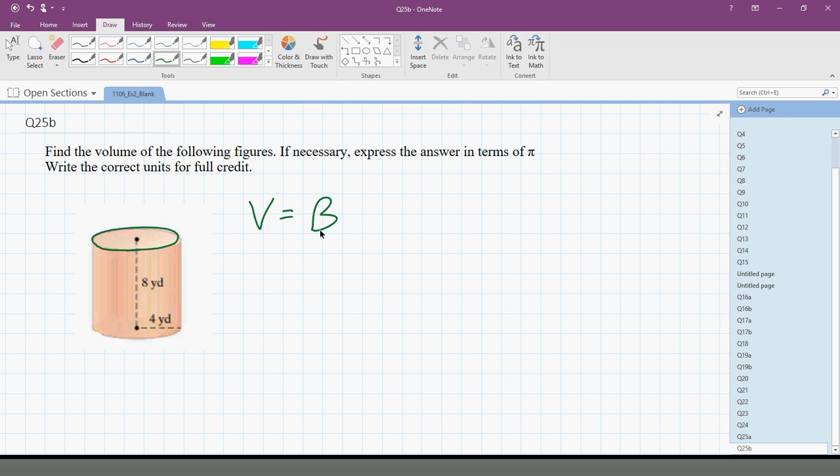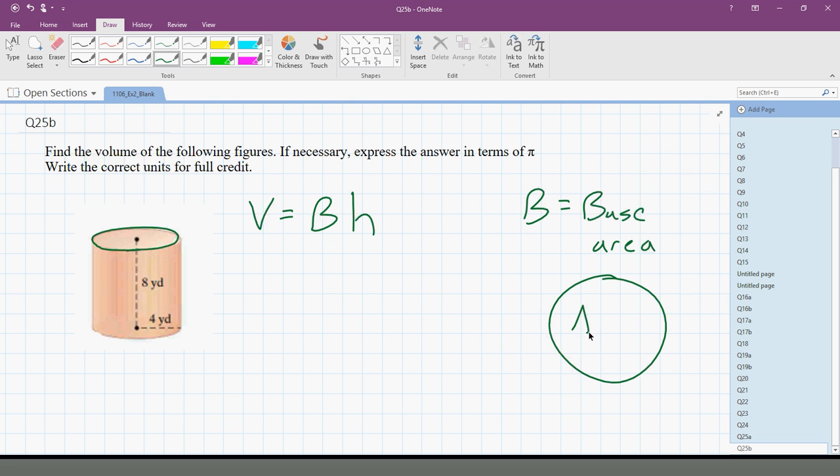The formula is just like the prism. It's going to be big B times H, again, where big B means base area. But our base is a circle. So what's the area formula for a circle? We just did it a second ago on number 24. What is the area formula for a circle? 50.